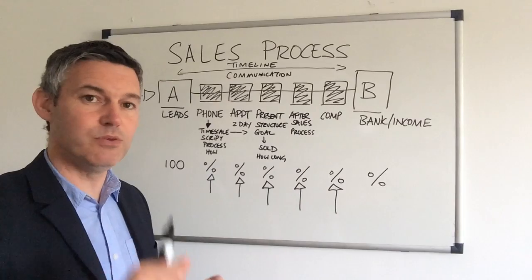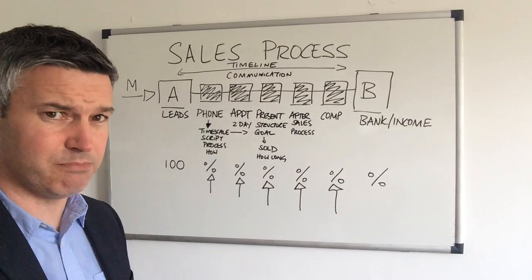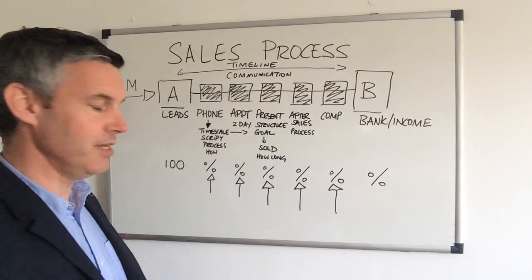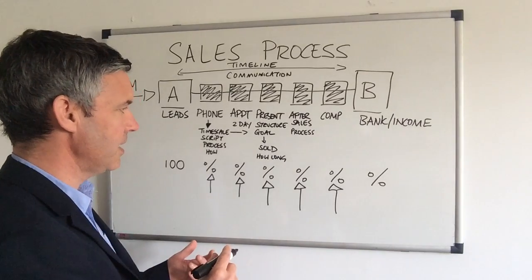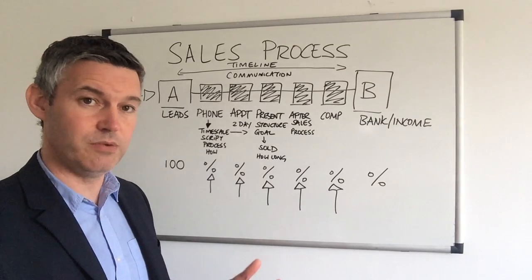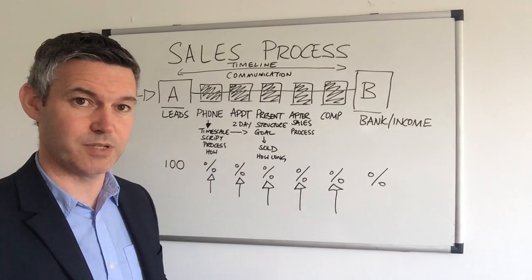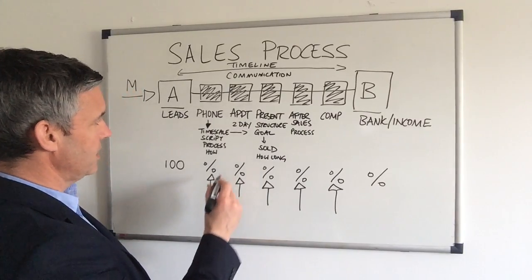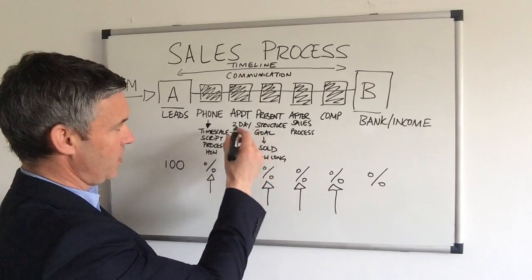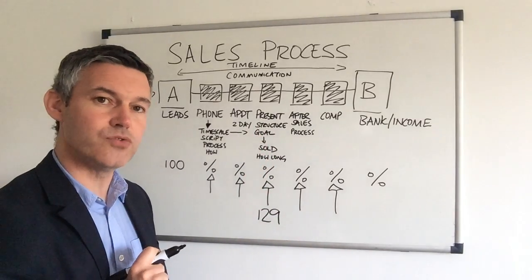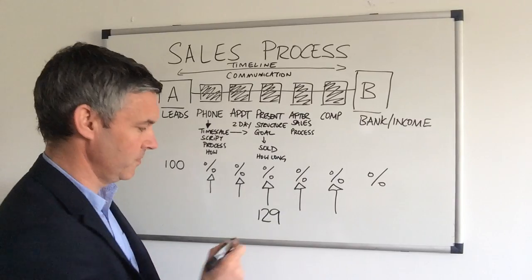Yeah, so I'm going to give you an example, a really important example. So when we had our last business, we were in direct sales. We were selling a lot of units of this certain type of product, and in 1 month we sold 129 sales we made.